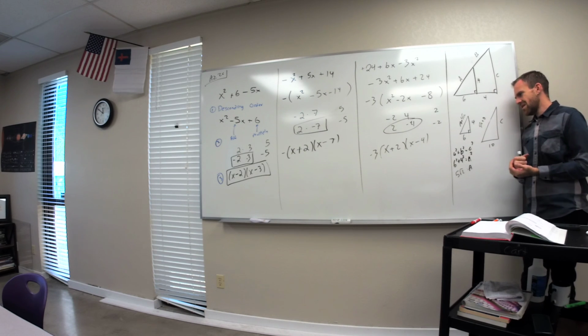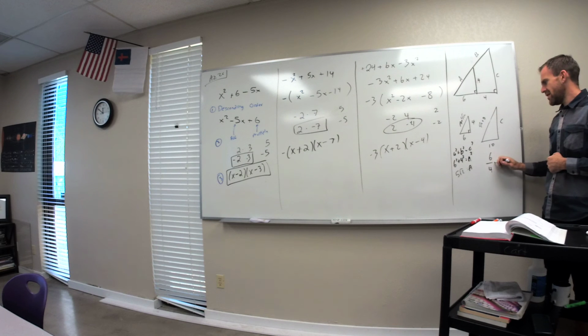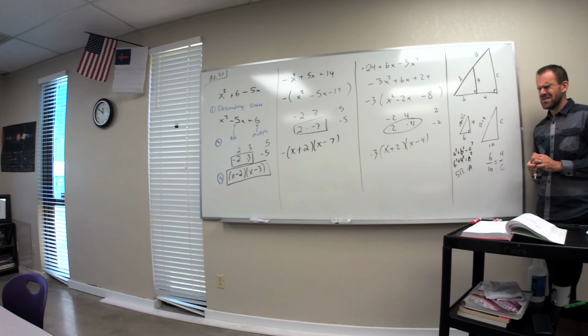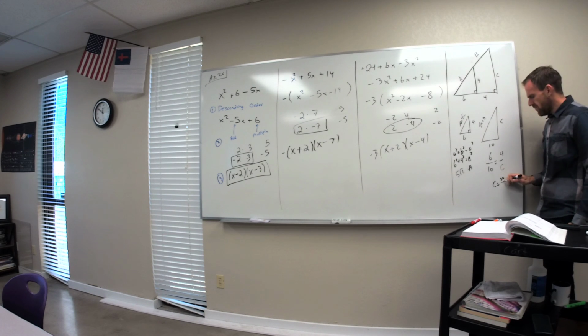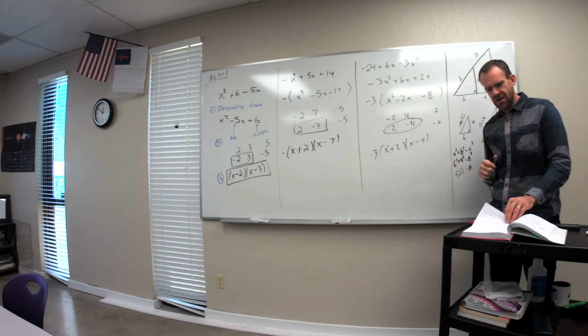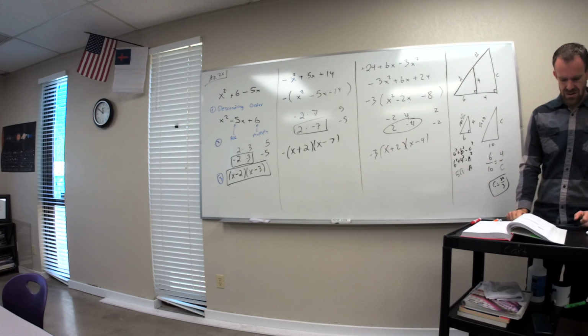What is c? 40 over 6, which is 20/3. That's gross. So they're ugly, but nothing new other than the fact that you can use the Pythagorean theorem. And that is problem set 26.